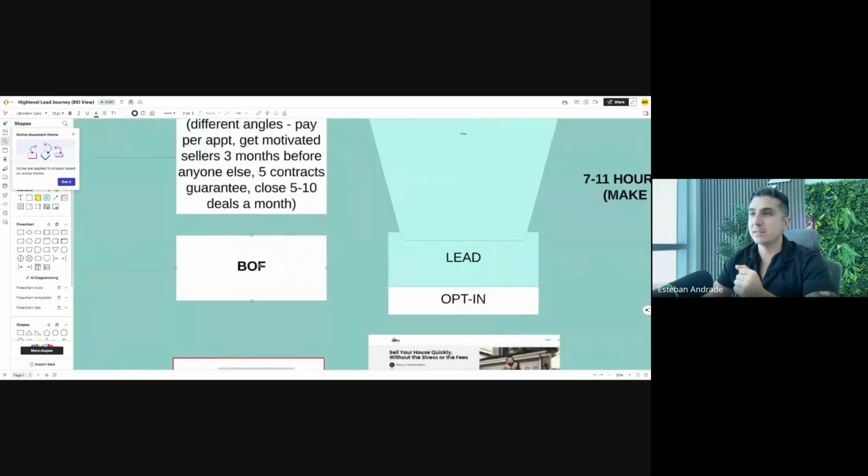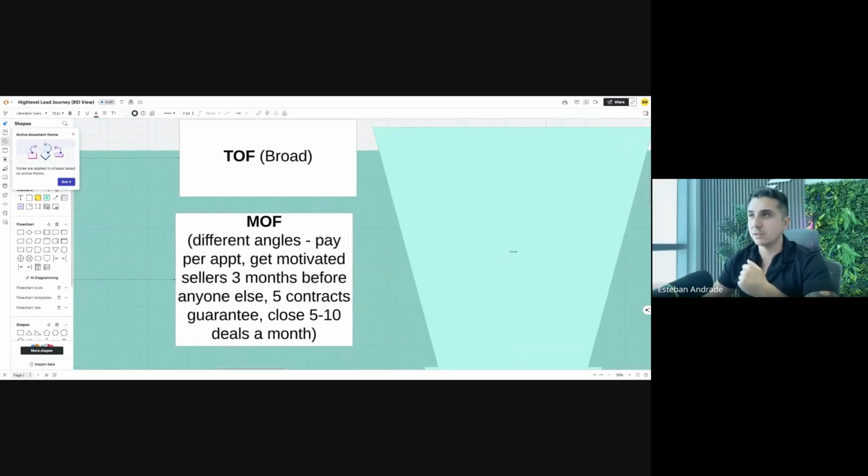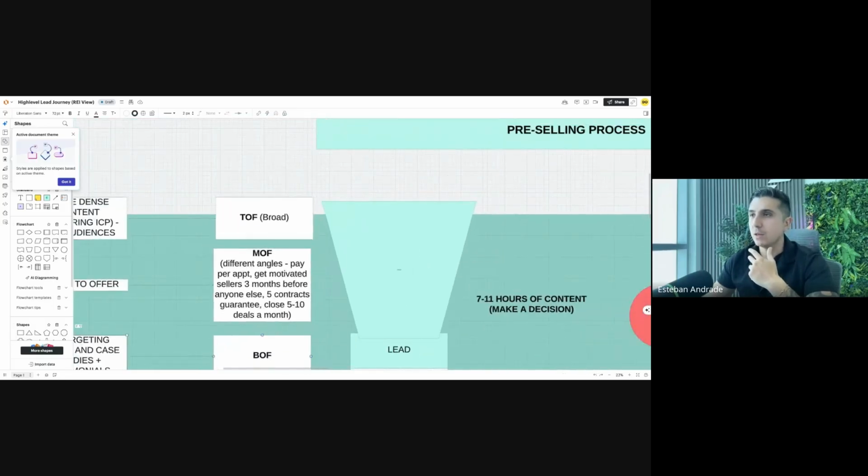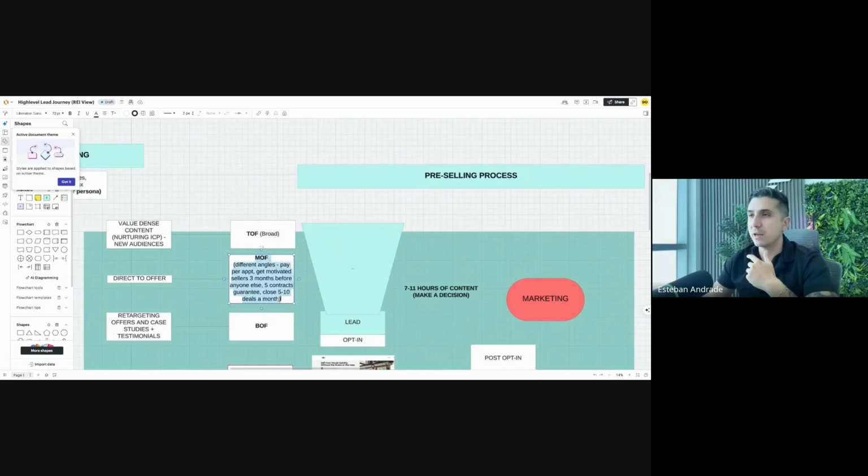And that is the bottom of the funnel type of content, right? So these are some examples in here.